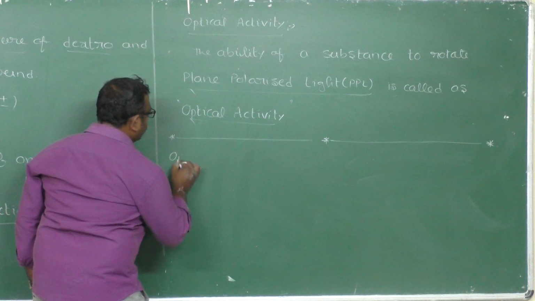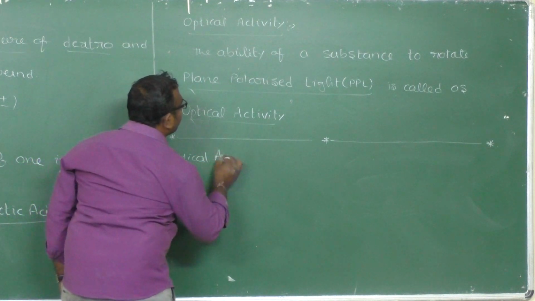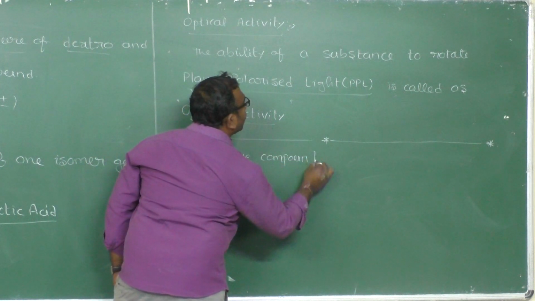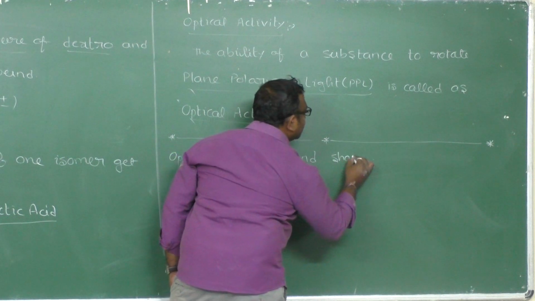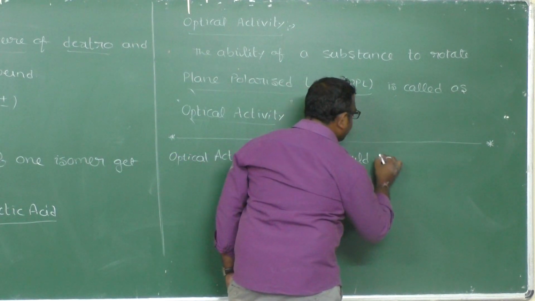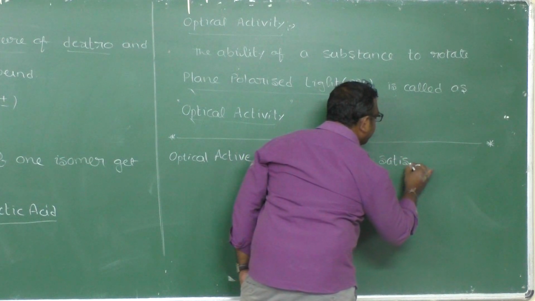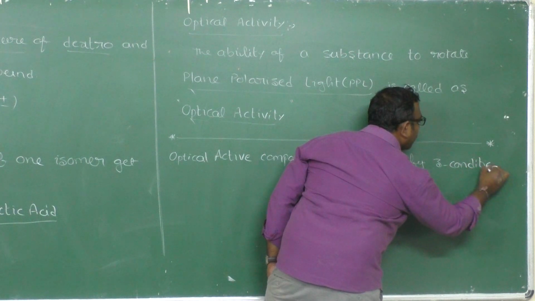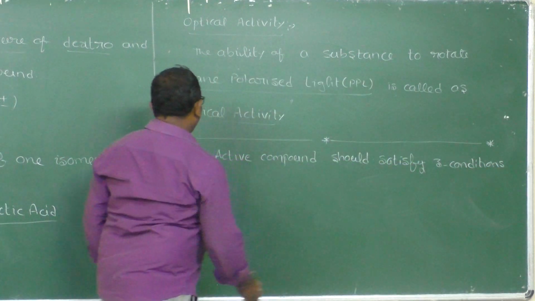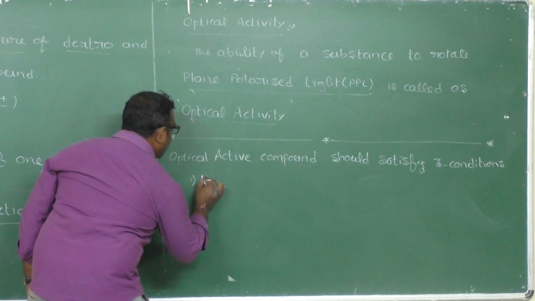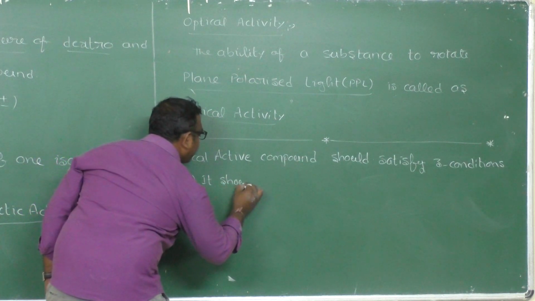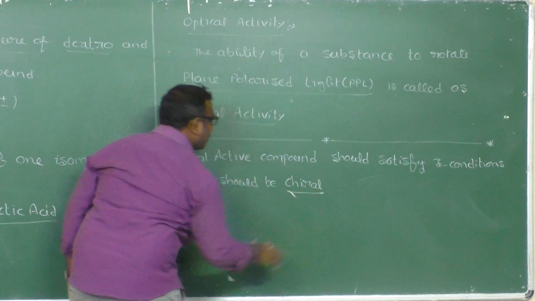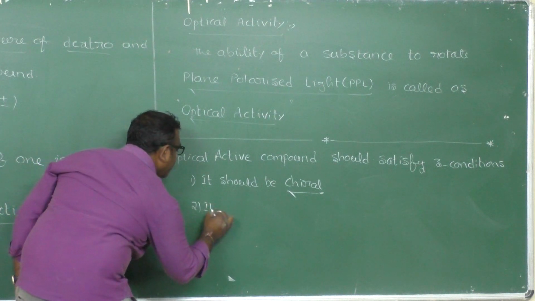An optically active compound should satisfy three conditions. One, it should be chiral. Next, it should be disymmetrical.